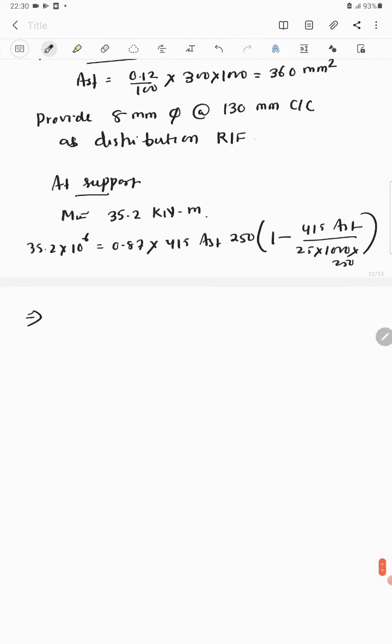So we can calculate the area of steel. This is 400.6 mm square. Now we'll check whether we need to provide some extra reinforcement or half of the main bar is enough to take this moment.